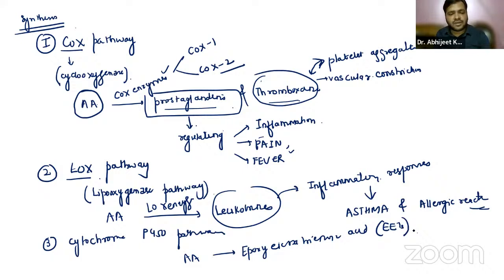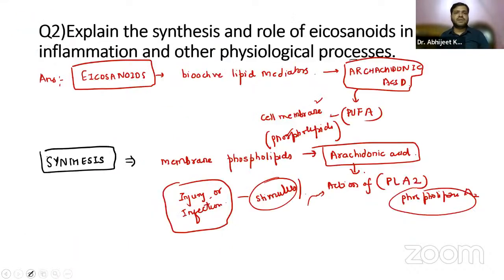And there can be other hydroxy eicosanoic acids, right? So they are basically involved in vascular functions and inflammation as well. So that is how the various mediators of these eicosanoids are synthesized, right?